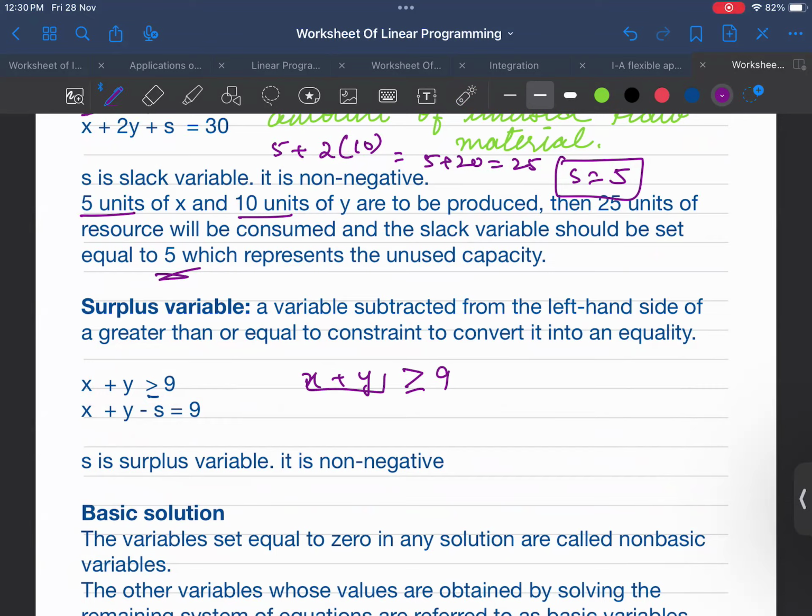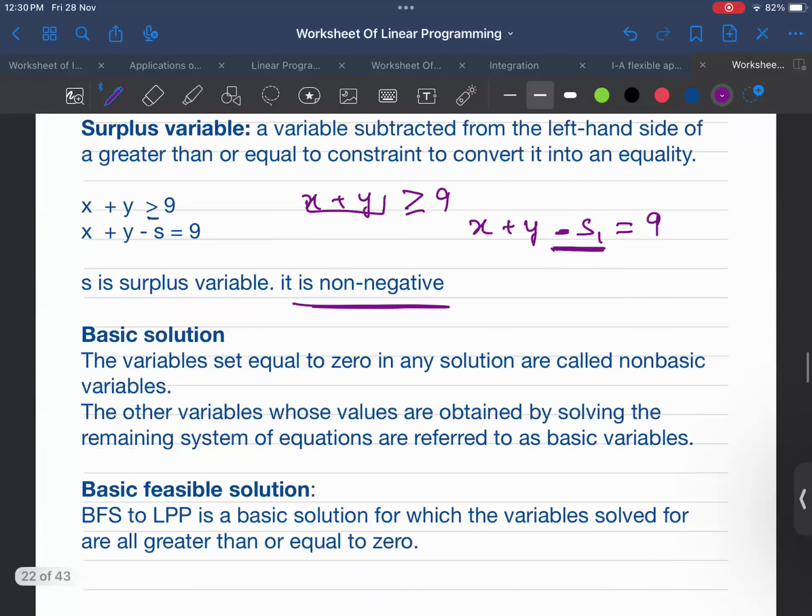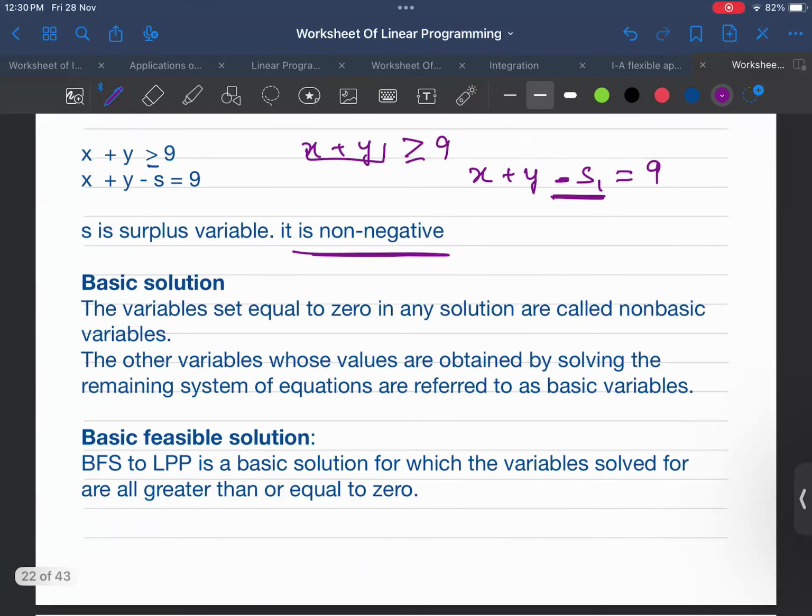It would be x plus y minus s, maybe s1, s2, s3, whatever you want, equals 9. Whatever we have subtracted is known as a surplus. Always remember this surplus variable is non-negative. It can't be negative.